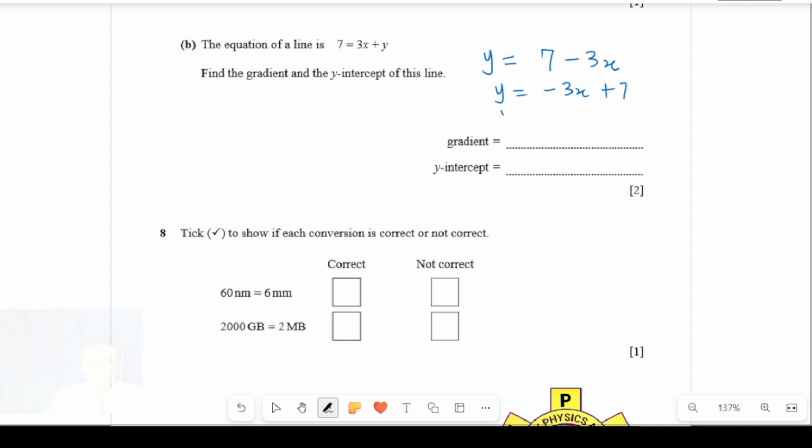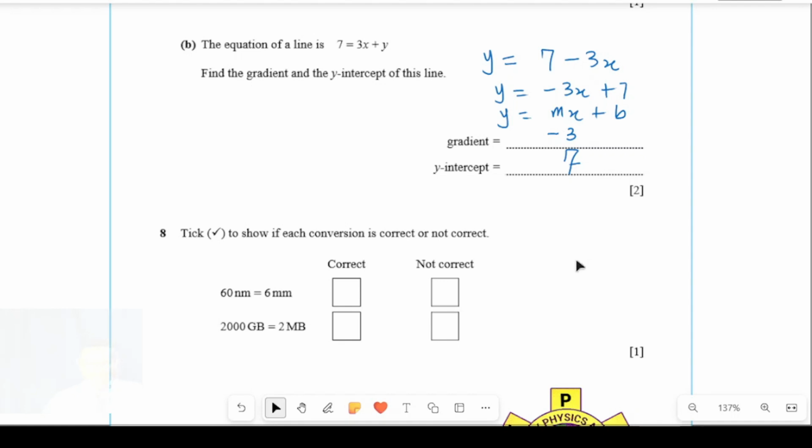Compared to the normal equation of a line, y equals mx plus b, b is the intercept. So what is the intercept? Compare. The intercept is 7. Then what is the gradient? The gradient is negative 3. So that is the equation of a straight line.